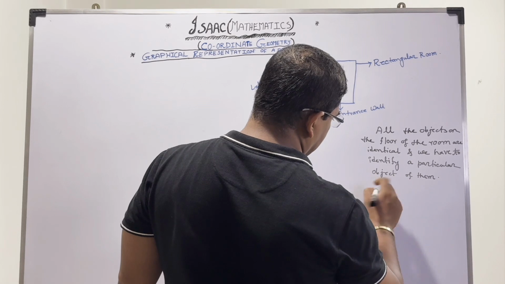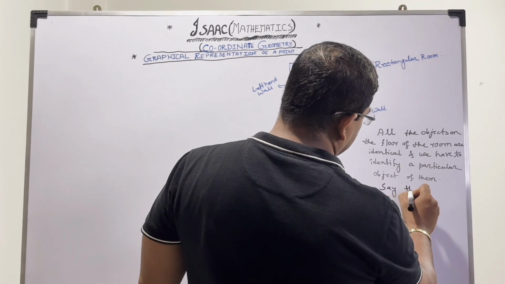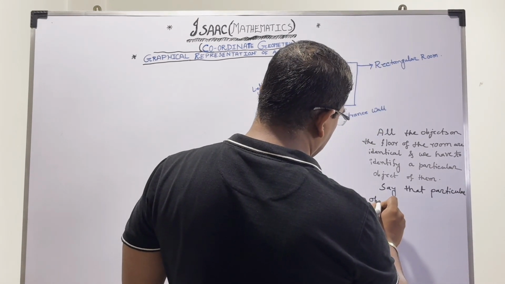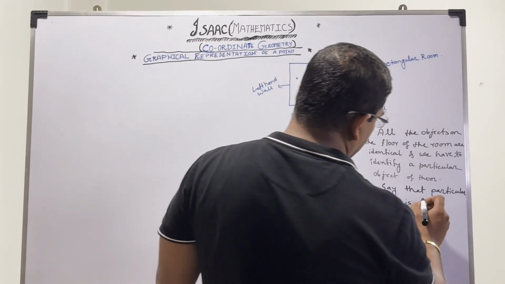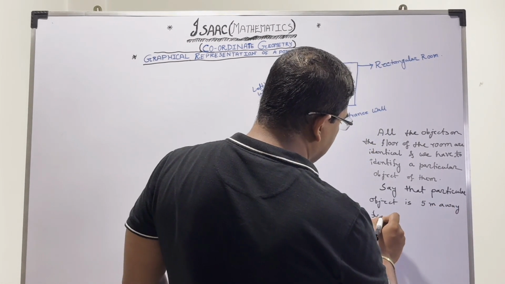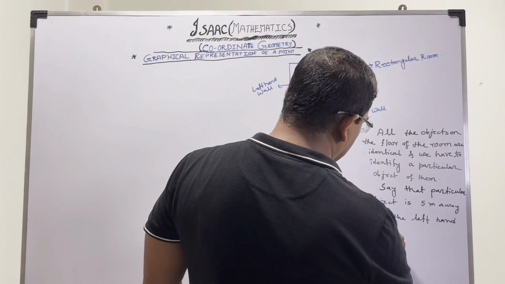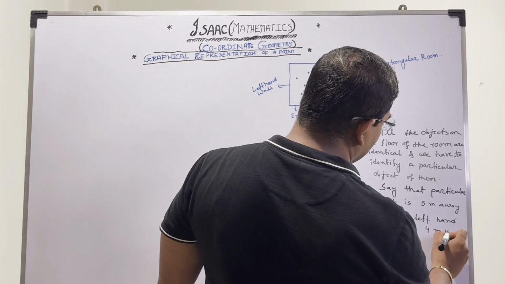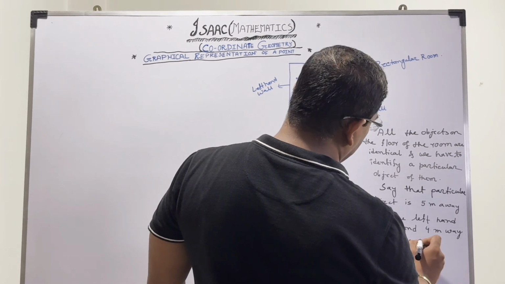Say that particular object is 5 meters away from the left hand wall and 4 meters away from the entrance wall.